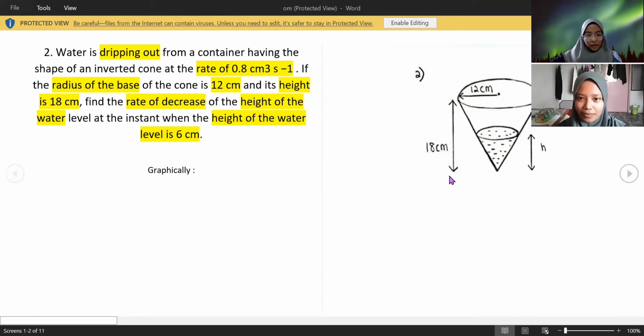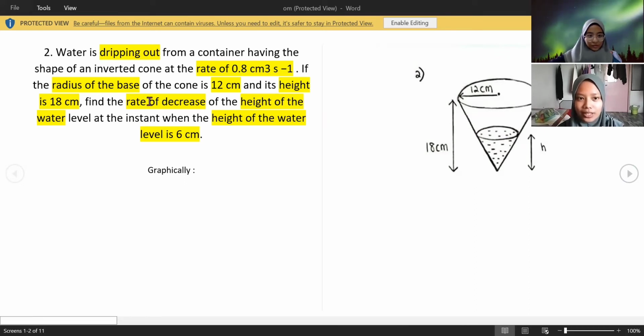From the question, I know that dripping out means we need to use negative, because the water drips out and the water level decreases, right? Yes. And what is the rate of decrease of the height of the water level?